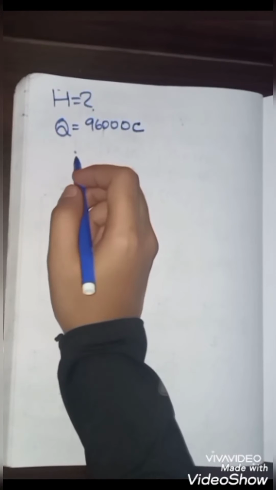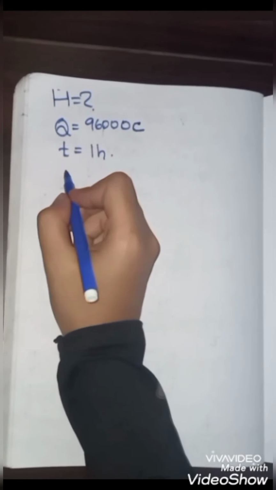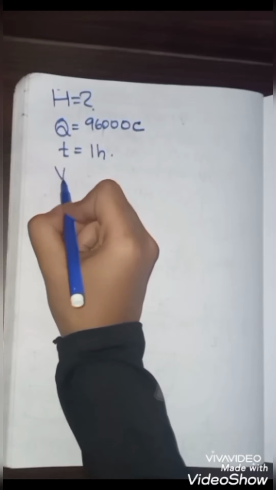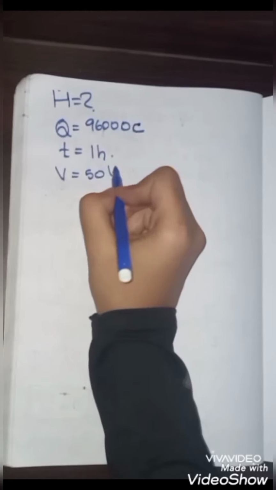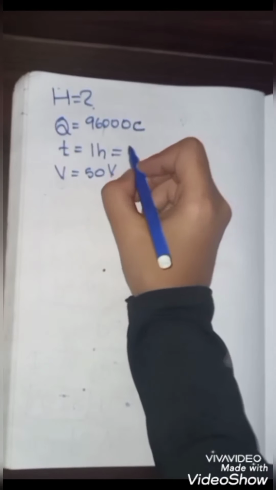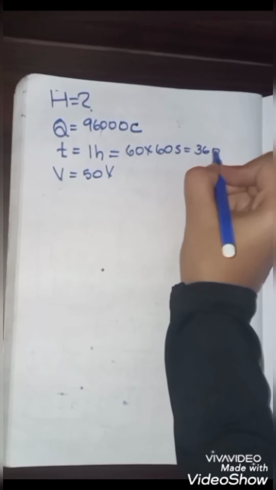Here the charge Q is equal to 96,000 coulomb, time is equal to 1 hour, and potential difference V is equal to 50 volt. We have to convert the time into seconds, that is 60 into 60 seconds, that is 3600 seconds.